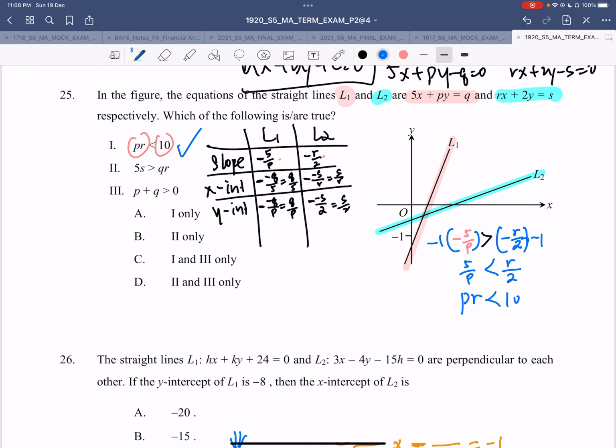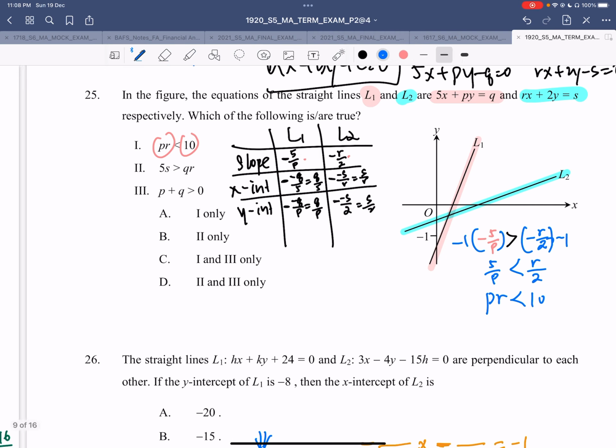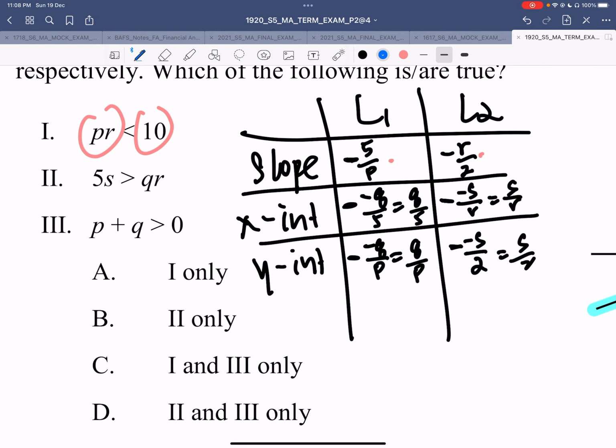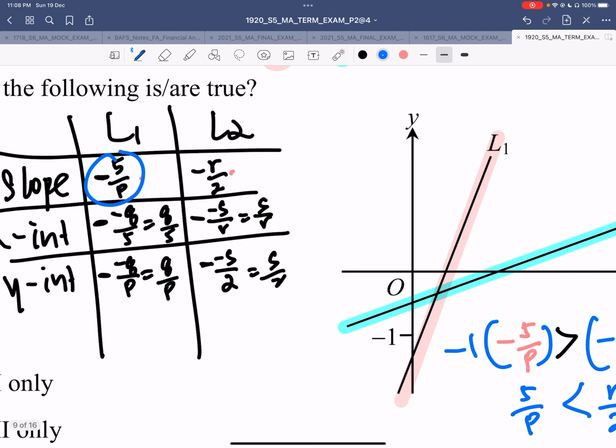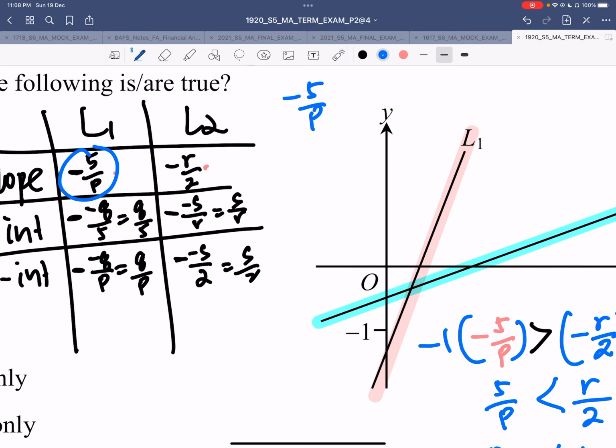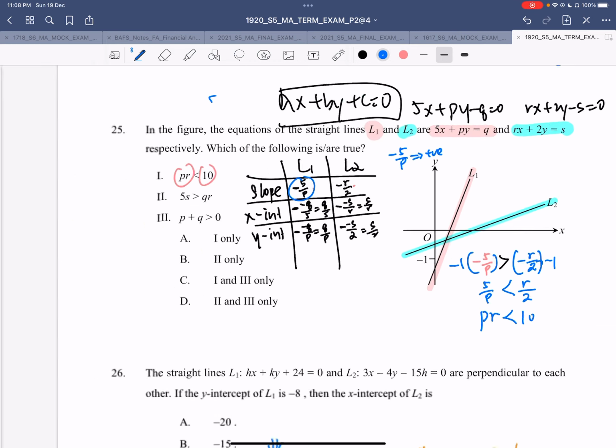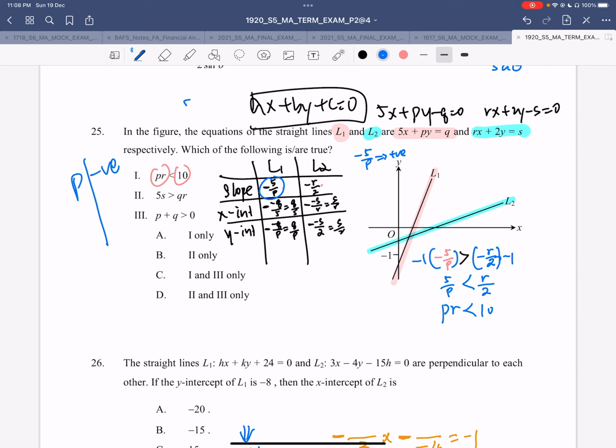Actually, we need some clues about whether P, R, S, these values are positive or negative, okay? So we know that negative 5 over P should be positive, because you can see a positive slope, okay? So P should actually be negative. And then negative R over 2 should also be a positive slope, so R should be a negative value too, okay?